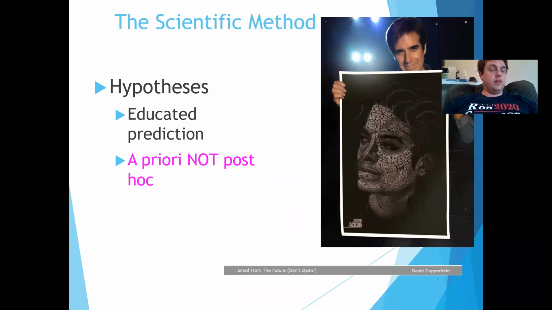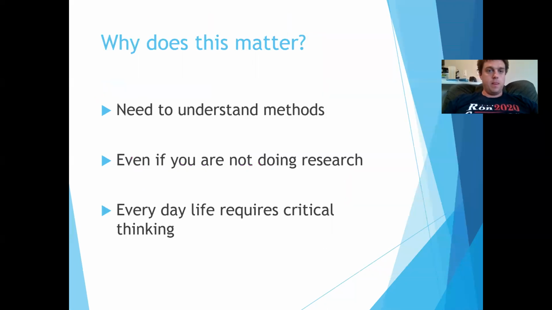Because we don't really go into things and say, well, I'm just going to collect this data and then afterwards decide. You don't make a prediction after something happens. Make it before something happens. It's not impressive to say I can predict something after it's already happened, right? Okay.